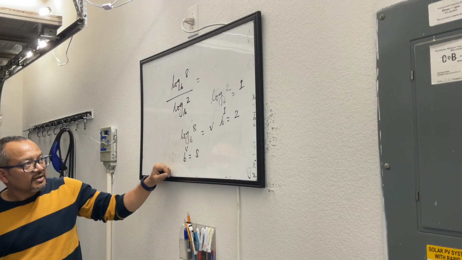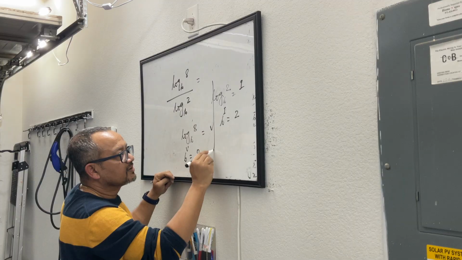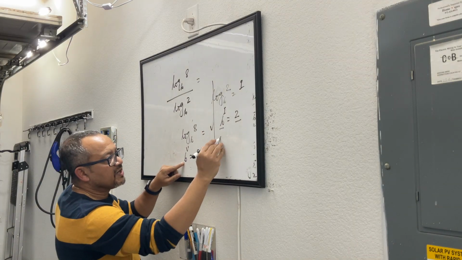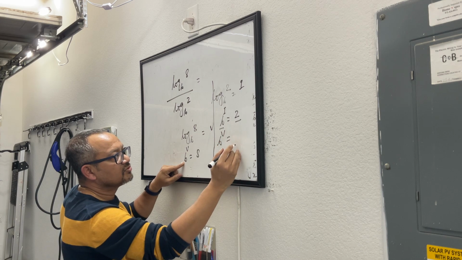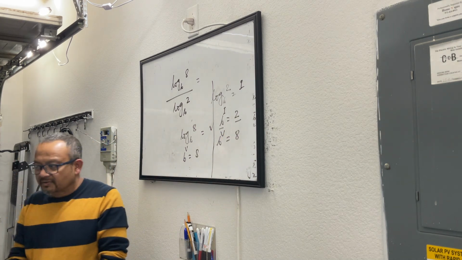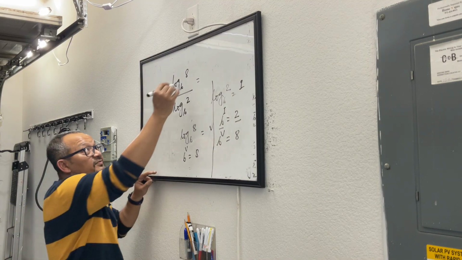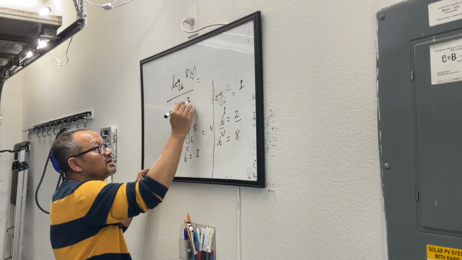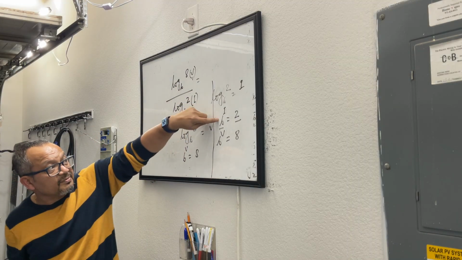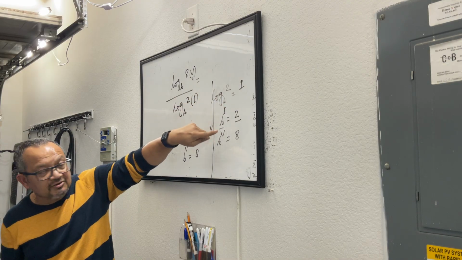Now look at this a little carefully. b to the power I is 2 and b to the power v is equal to 8. Can we draw some correlation here? This is v, Vasundhara, the numerator, and this is Ipsa, the denominator.